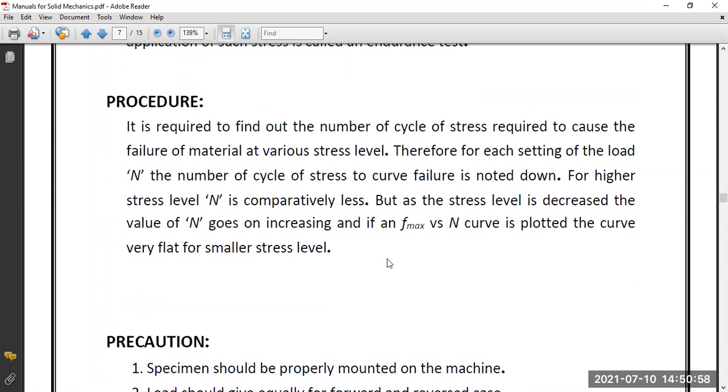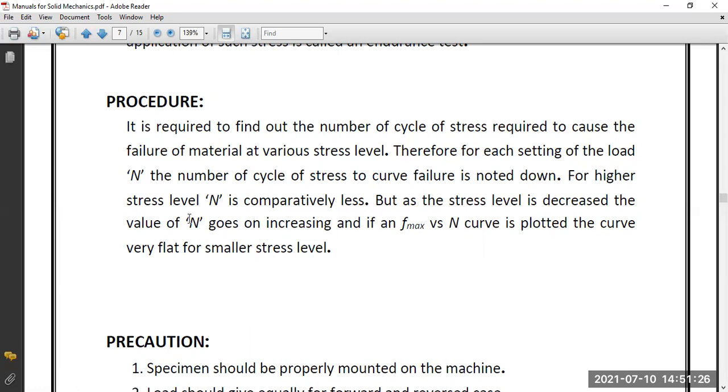It is required to find out the number of cycles of stress required to cause failure of the material. Therefore, for each setting of the load N, the number of cycles of stress to cause failure is noted down.